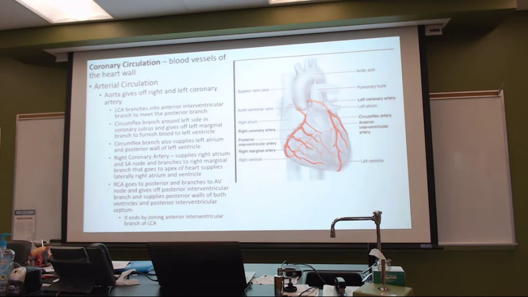The heart itself is made up of tissues. The heart itself has cells. Cells that function, meaning they need oxygen and nutrients, and they produce waste that it needs to get rid of.